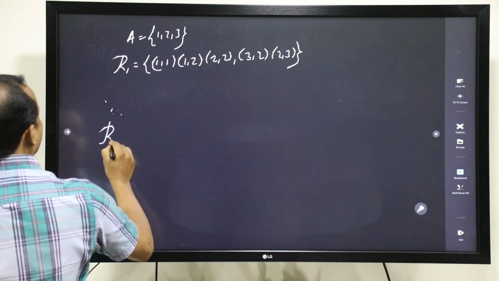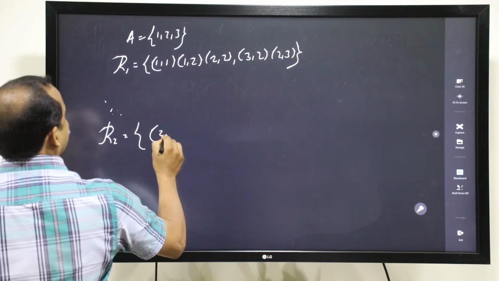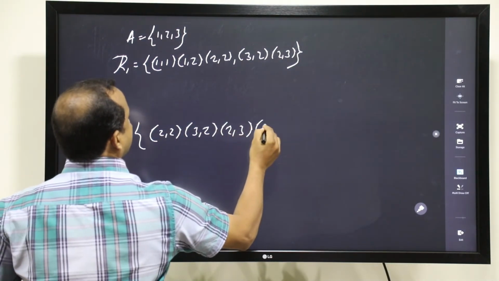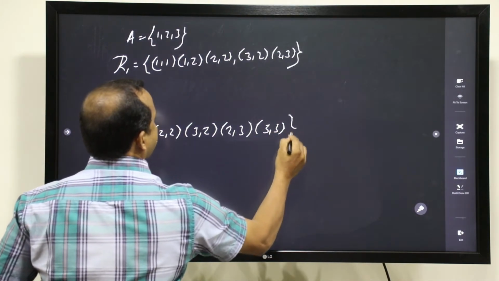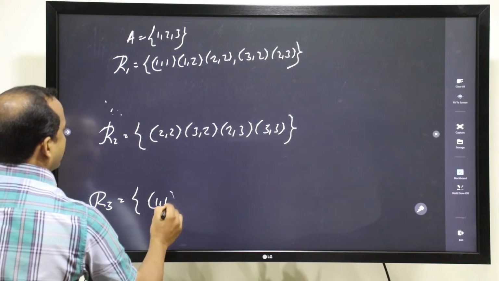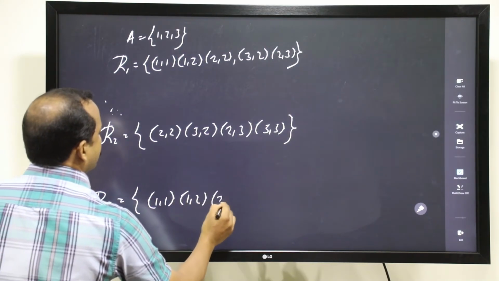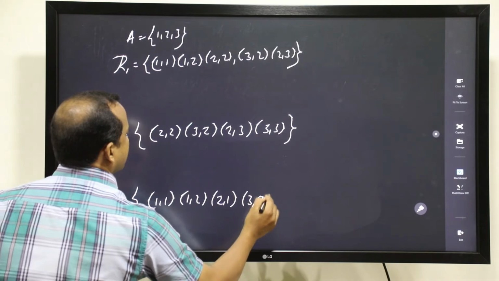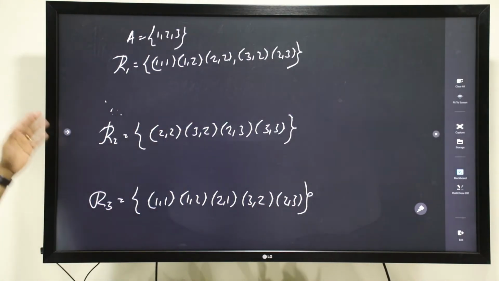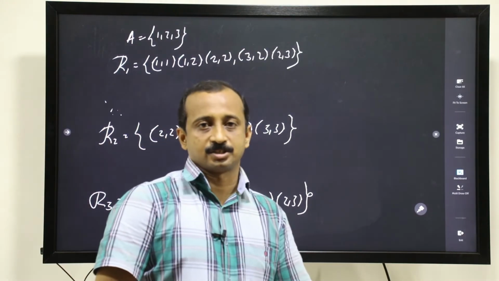R2 is equal to {2 2, 3 2, 2 3, 3 3}. R3 is equal to {1 1, 1 2, 2 1, 3 2, 2 3}. Check whether these three relations satisfy the symmetric condition.